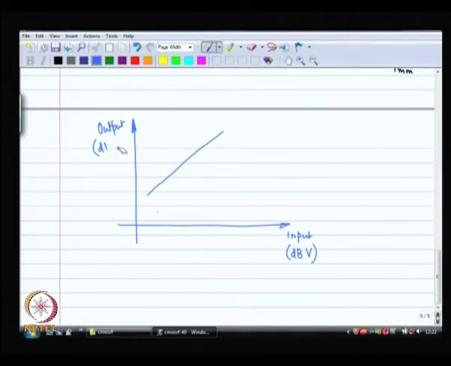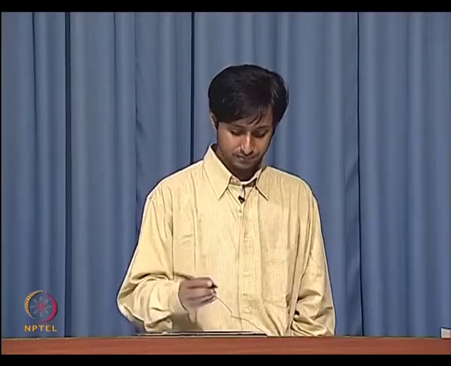Let us put dBm on the output, decibels with respect to 1 milliwatt. So, let us say this is the curve as far as the fundamental component of the power amplifier is concerned. This is the curve. So, it looks fairly linear to you.